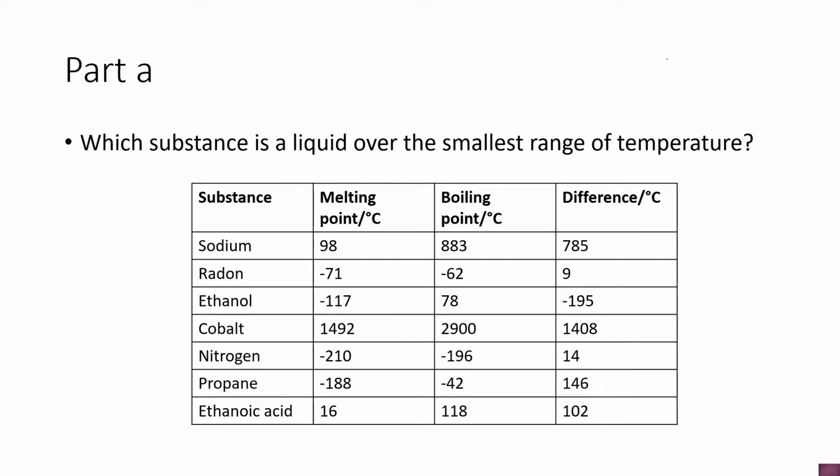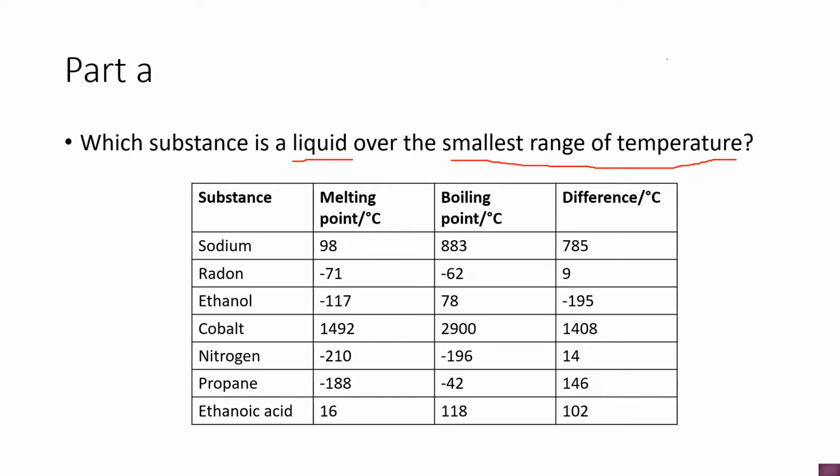Part A. Which substance is liquid over the smallest range of temperature? Now, to decide this question, we have to first understand, as I said in the beginning, when is the substance a liquid?